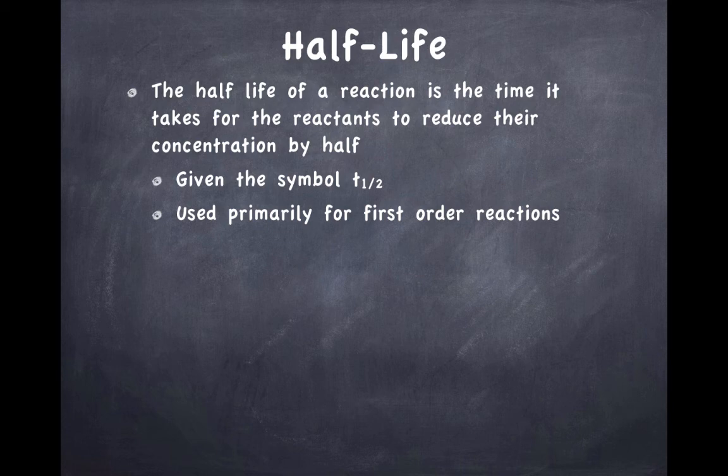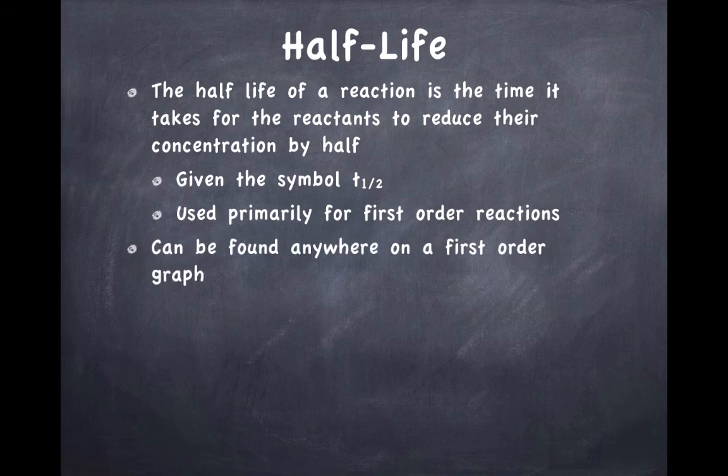And primarily we use it for first order reactions. We certainly can use it for zero order and second order. Our book talks about half-life for zero and second order as well as first order. We're going to focus primarily just on first order.